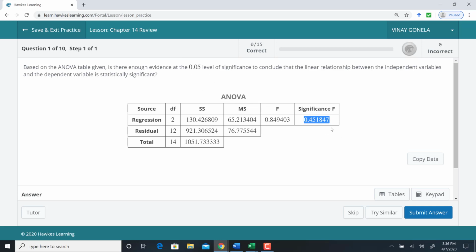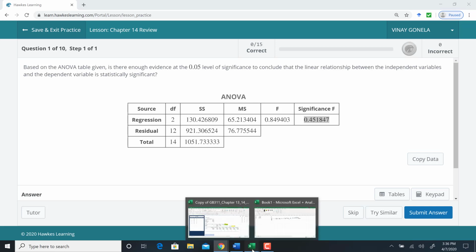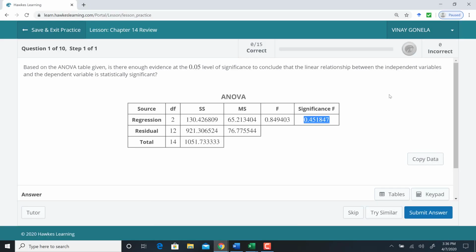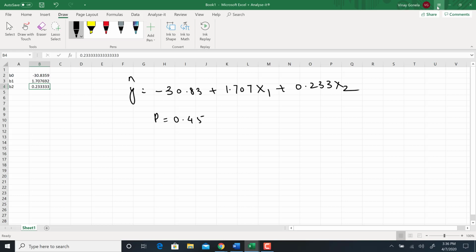So here my f value is 0.451847. So I will write my f significance, that is the p-value, is 0.451847.